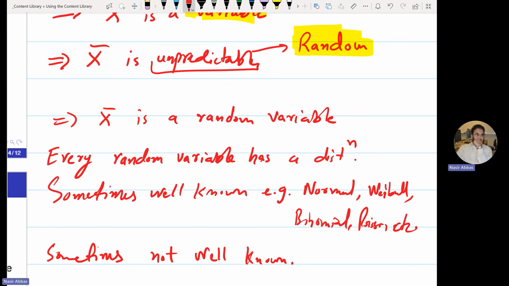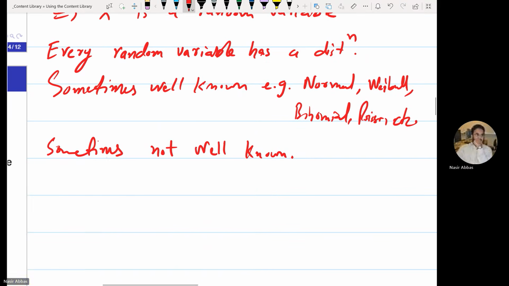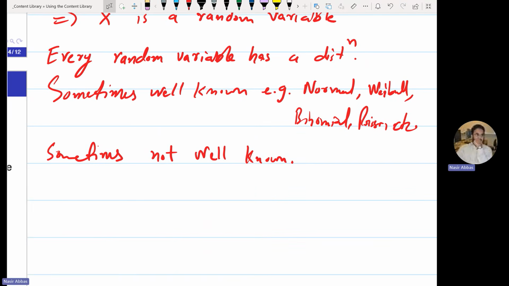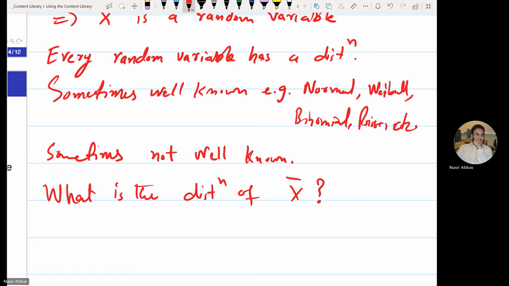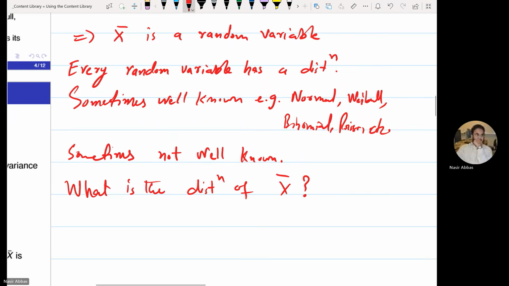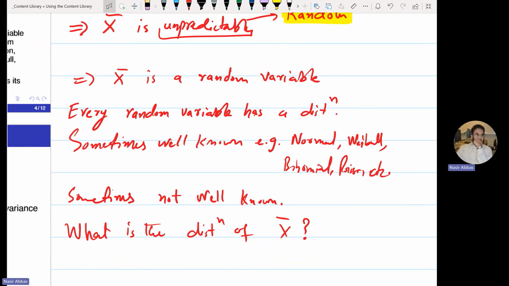What will be the distribution of X bar? Because it is a random variable, of course, it has some distribution. This is the question for the whole chapter.